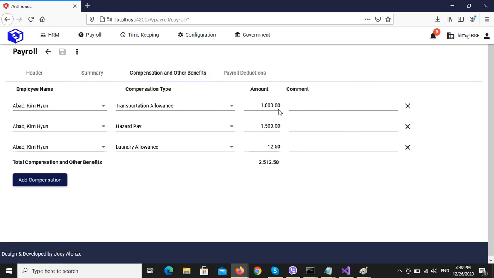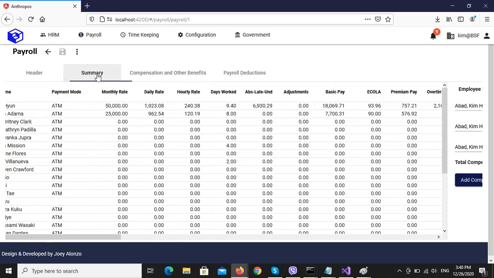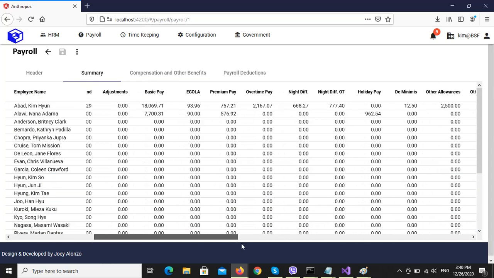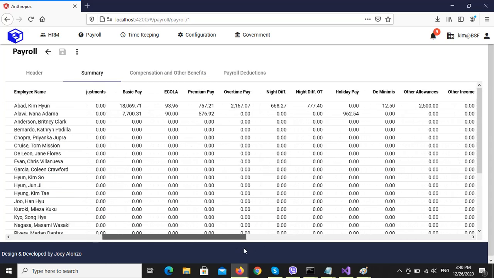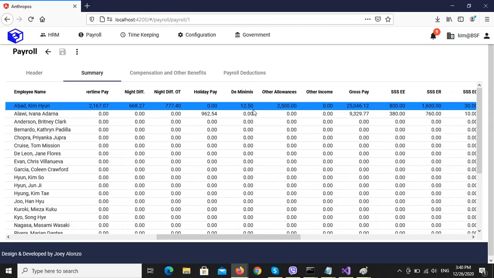So all these values will be summed up, and depending on the tax classification will be summarized here on these three columns. This de minimis, other allowances, and other income. Okay, so that's how easy it is to calculate other income and other compensation in payroll of HR Tech.